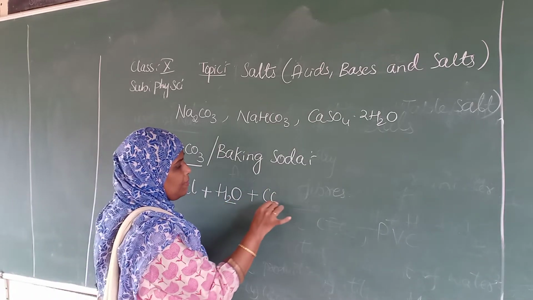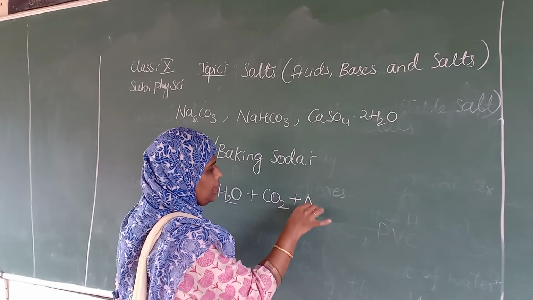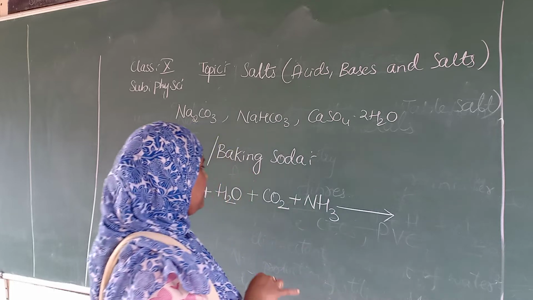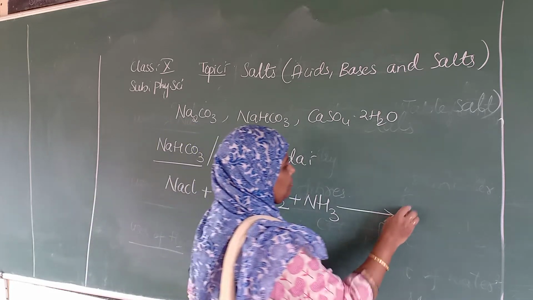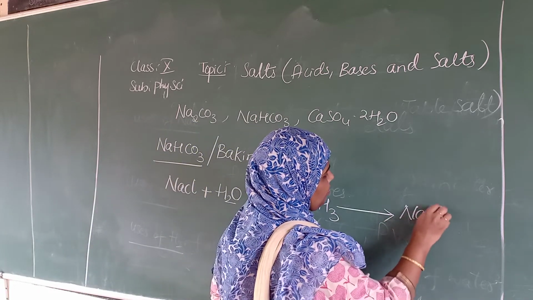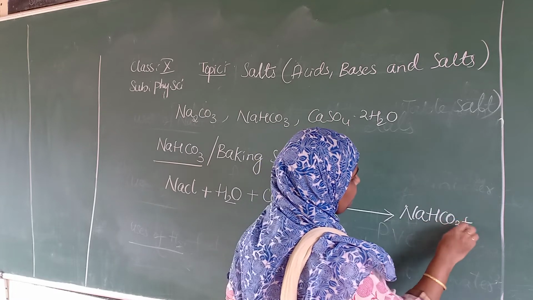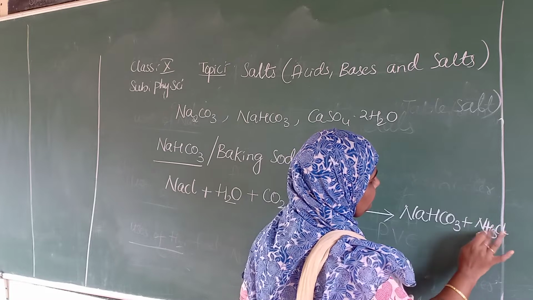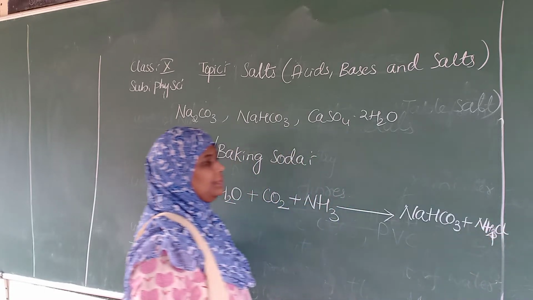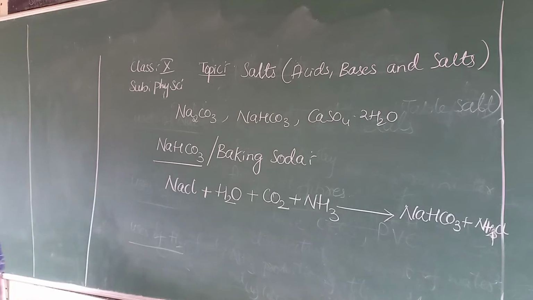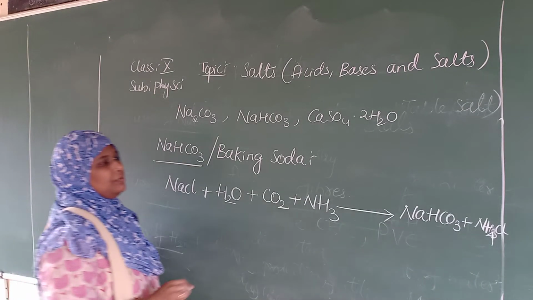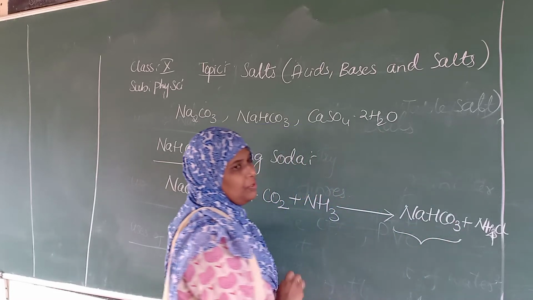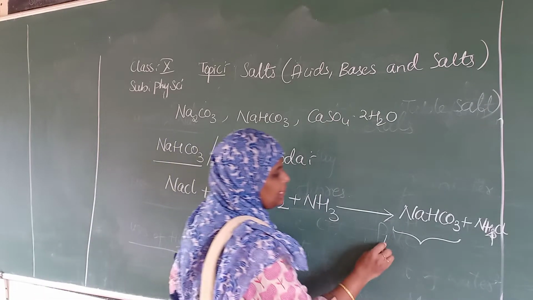When we pass carbon dioxide and ammonia into the brine at high pressure, it results in the formation of sodium bicarbonate and ammonium chloride. So this is the product of main importance. This is called baking soda.